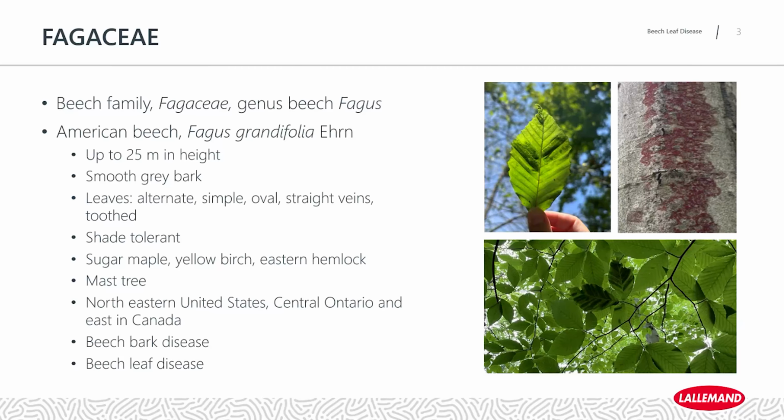American beech is often found on the landscape with sugar maple, yellow birch, and eastern hemlock. However, it's readily found in the urban environment in a variety of different locations as well, from woodlots to parks to boulevards, different kinds of private property, and many other locations.